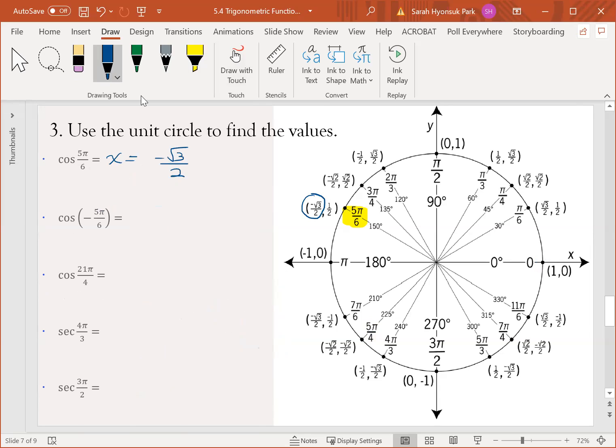Okay, negative 5 pi over 6. Because it's negative, we have to find the angle that's equivalent to that negative angle measure. And to do that, we did some of these problems last time, where we have to add 2 pi. Of course, your calculator does that for you easily, so let's do that.